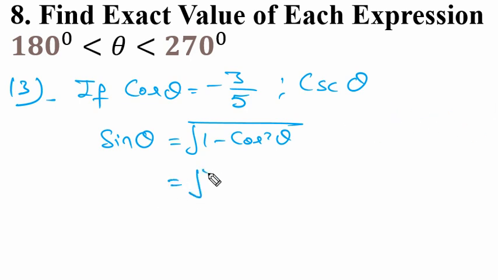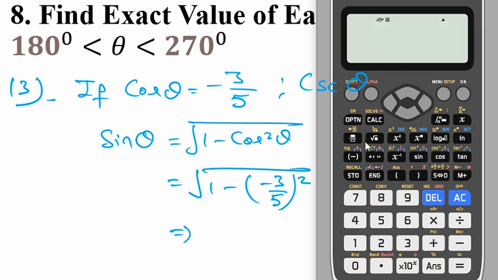Now, square root of 1 minus (3 over 5) square. Just solve it using the calculator and you will get your answer. Let me show you one time using the calculator, and after that you do it by yourself.